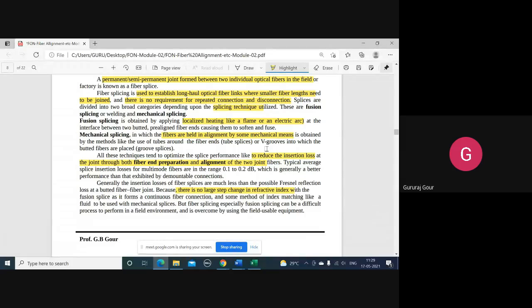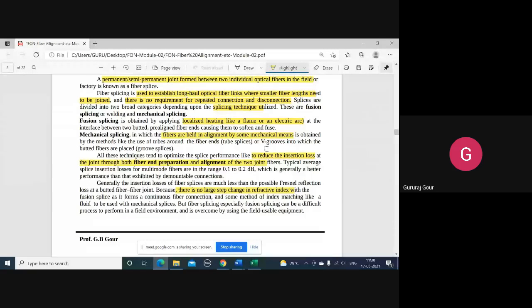The joint that is formed has characteristic features quite different from the two fiber ends, because you are using heating here.